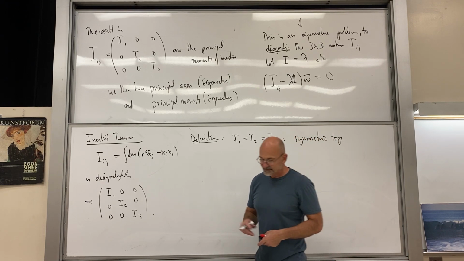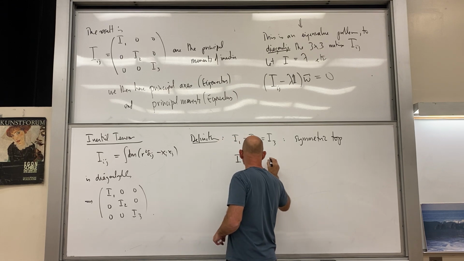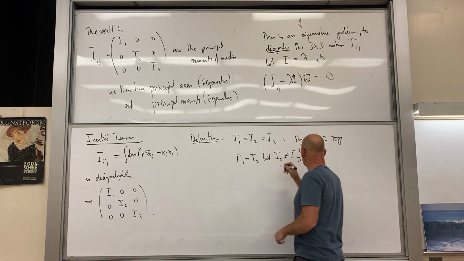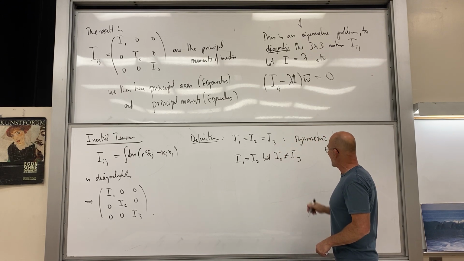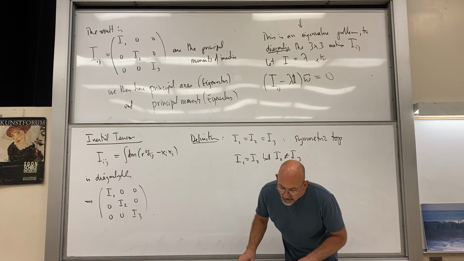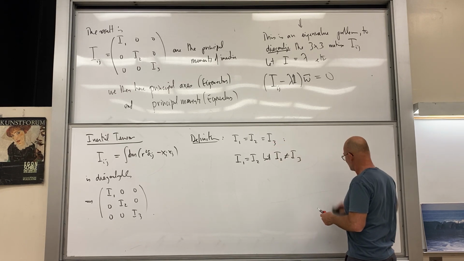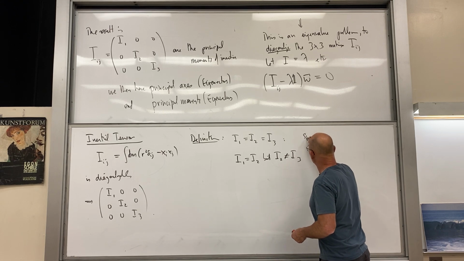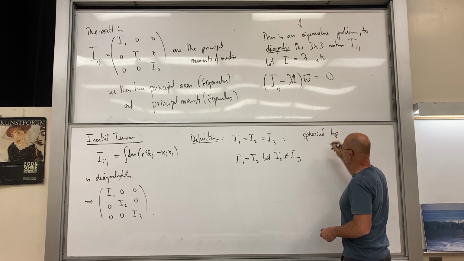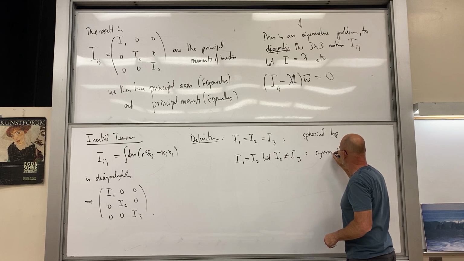Then we have, without loss of generality, say I1 is equal to I2, but I2 is not equal to I3. Actually, that's not the symmetric top, that is the spherical top. I mentioned sphere right there. And the point was that it's equivalent to a sphere if these three are equal. This is the one that's the symmetric top.